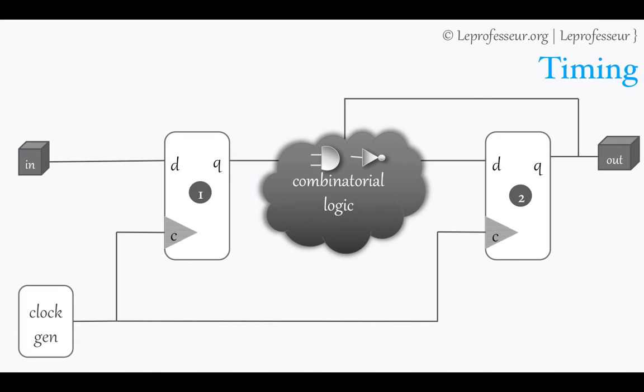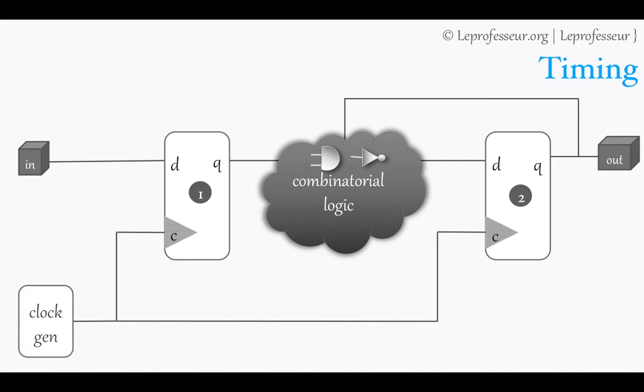This figure shows a very basic digital circuit. We talk about synchronous design. We discussed it in previous lectures. Modern systems are based on synchronous design. You may have asynchronous elements.